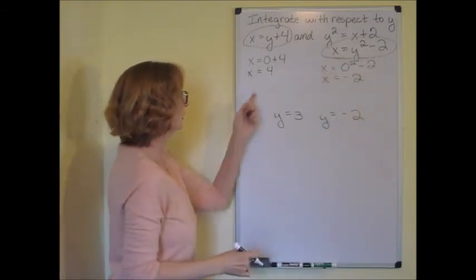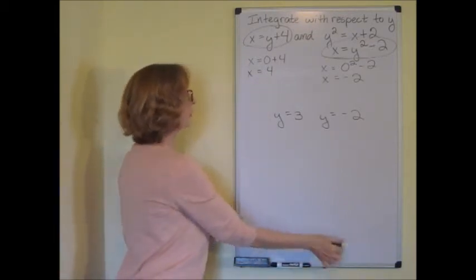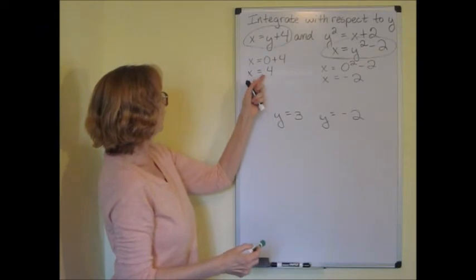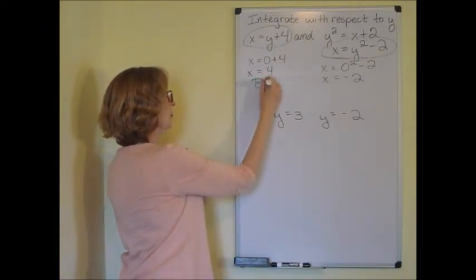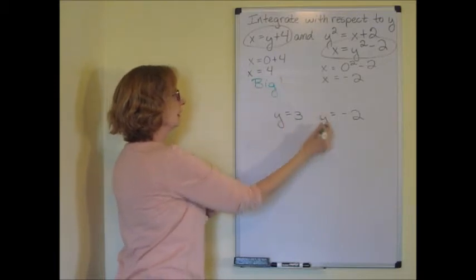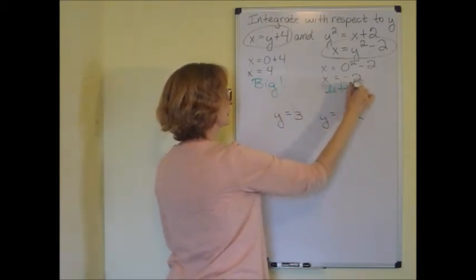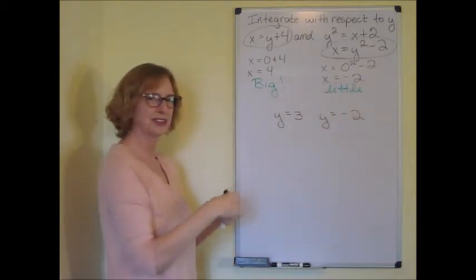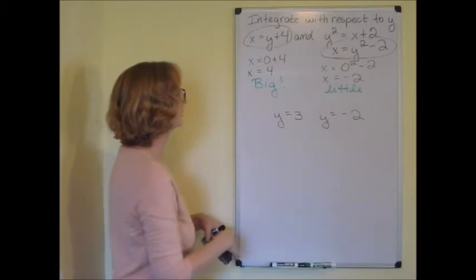So definitely this one is the larger one. That's the one that's going to be further to the right, the one that gave us the positive 4. So I'll put that, that's our big one. And over here, this is the small or the little. And now we know which one's going to go first. It's always going to be big minus little.